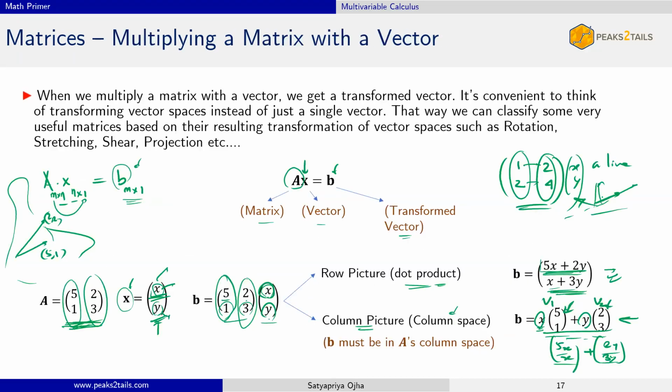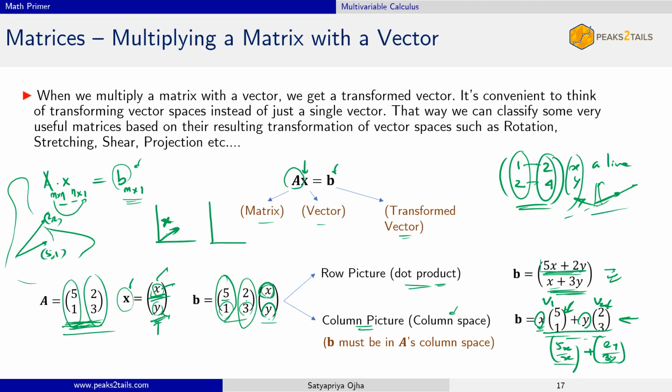Before this, let me show you a little bit of animation, so that you're not sleeping. We have very special types of matrices that do all kinds of transformation. Okay. So for example, this is my original vector x. After I multiply A to x, what does it become?